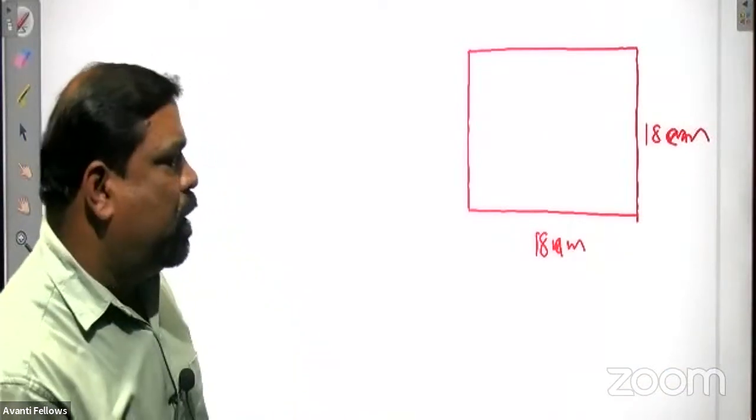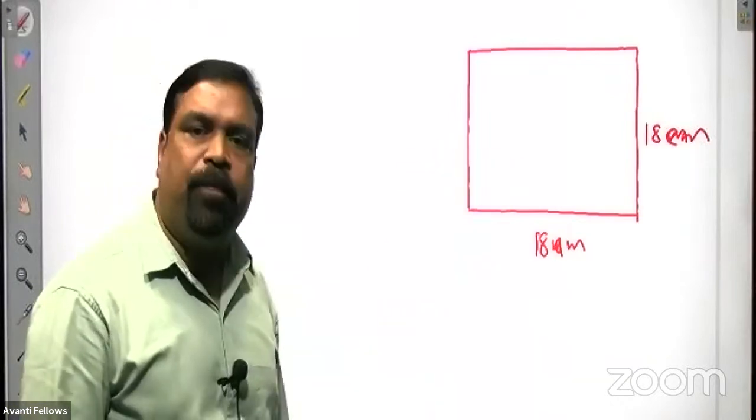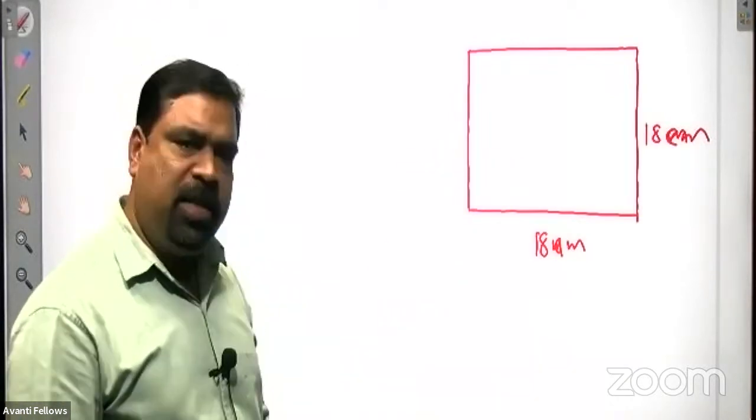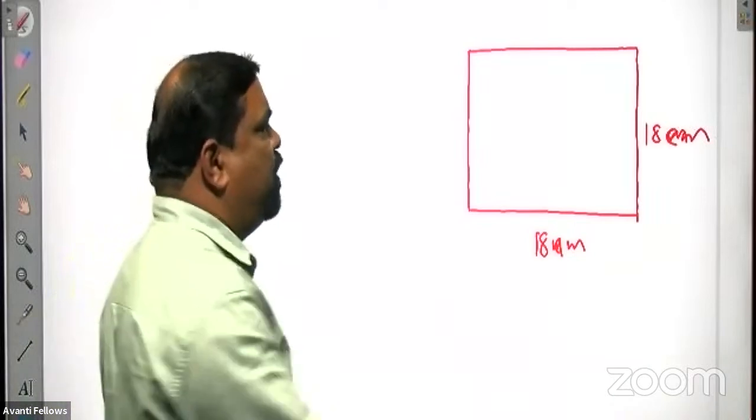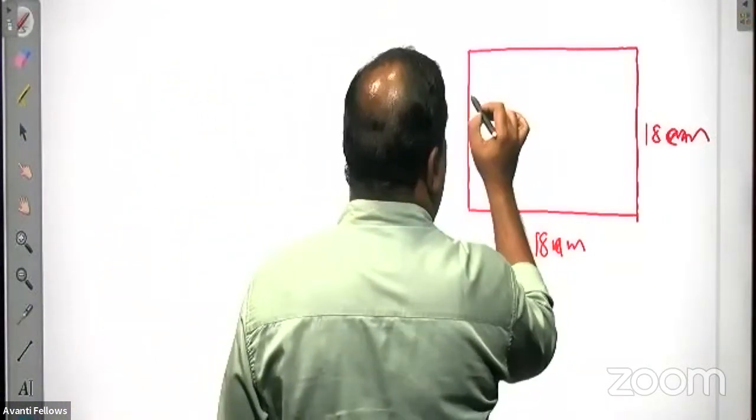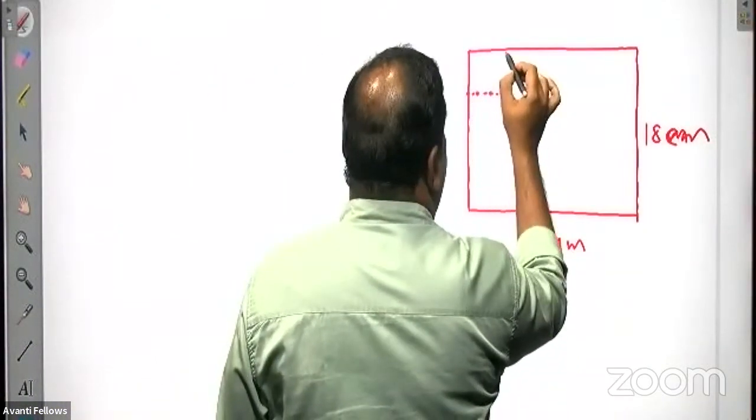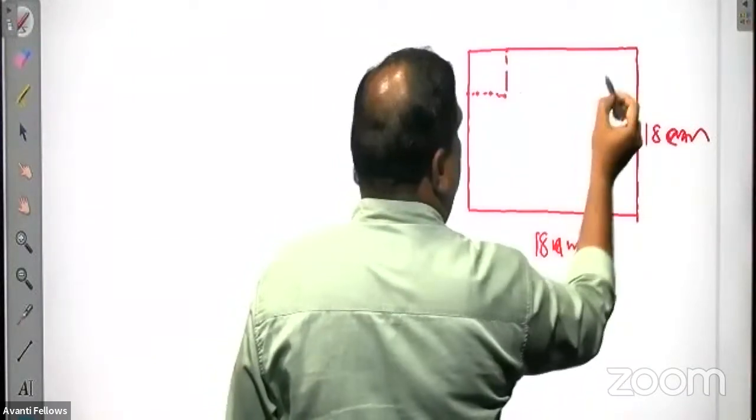We have to make a box using this sheet. How to make it is given very clearly in the question. From each corner, we have to remove a square.